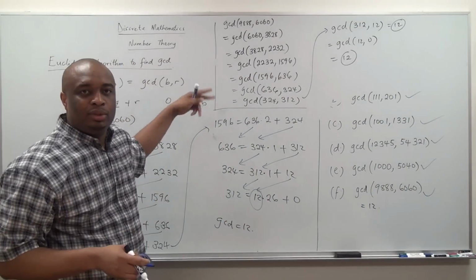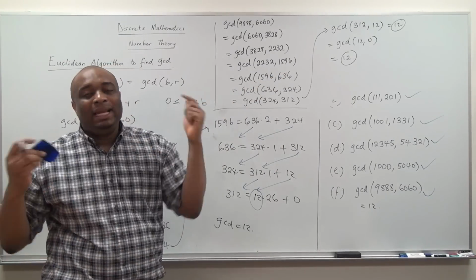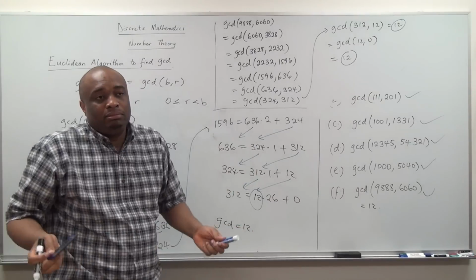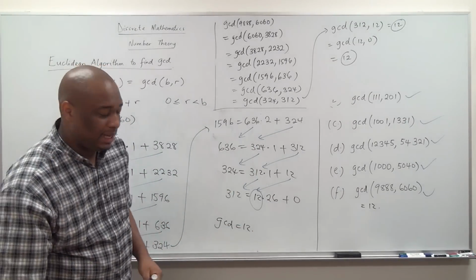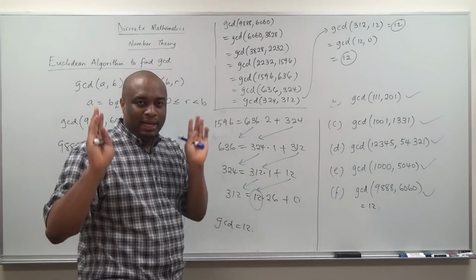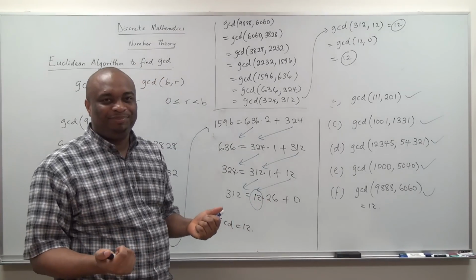You notice that in my 2 other examples I didn't write the last one. You can write it, or you might not write it. That's fine. But the main thing you need to know is that the remainder here will be 0. When the remainder is 0, find the divisor there, and that gives you your GCD.